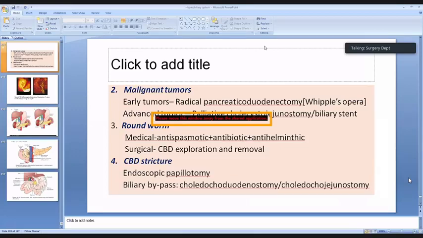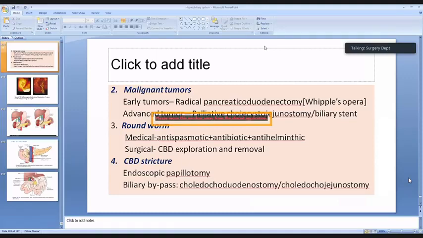That is called Whipple's operation. আর যদি অ্যাডভান্স হয়, সেক্ষেত্রে we can only do the palliative operation, palliative cholecystojejunostomy. That is, we can make an anastomosis between the gallbladder and jejunum so that bile can pass, bypassing the obstruction. Or sometimes a stent can be inserted through ERCP to palliate the jaundice for symptomatic relief.